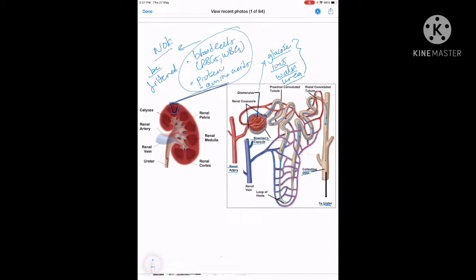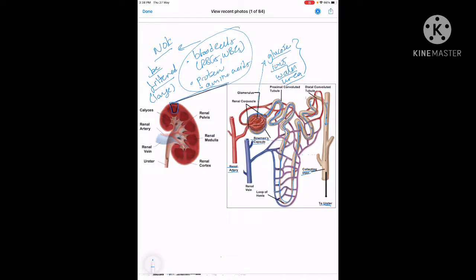Why? Simply because they are very large. They're very large molecules to be filtered from the blood vessels to inside the Bowman capsule. Okay, they're very large to pass. So now I have inside the tubules the glucose, the ions, the water, and the urea.